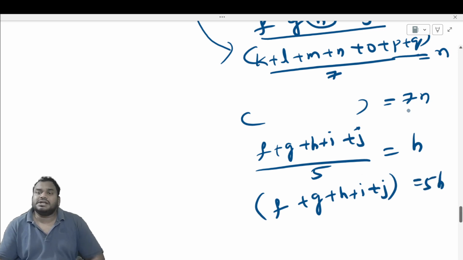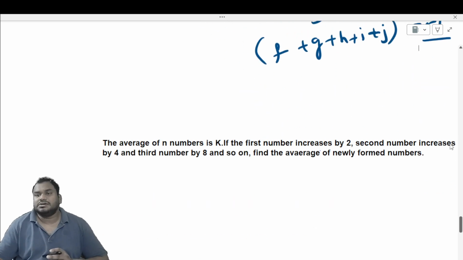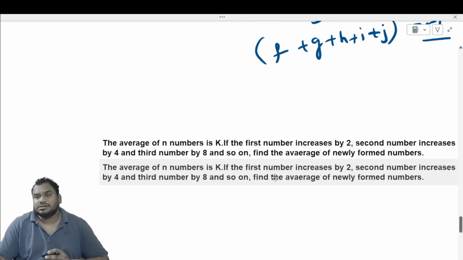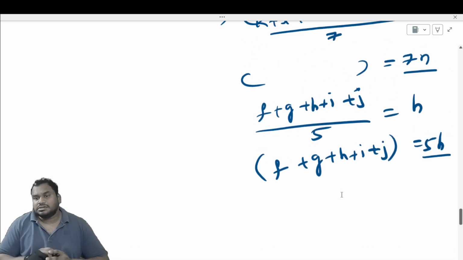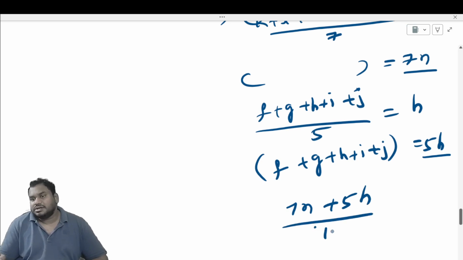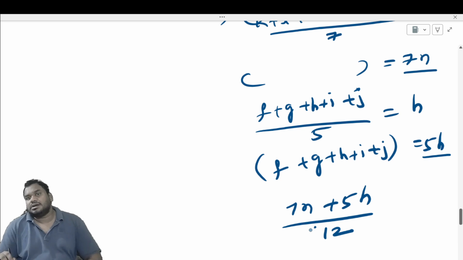So 7N and 5H are their sums. So their entire average will become 7N plus 5H divided by 12. Why 12? There are 12 numbers. So this is the answer.